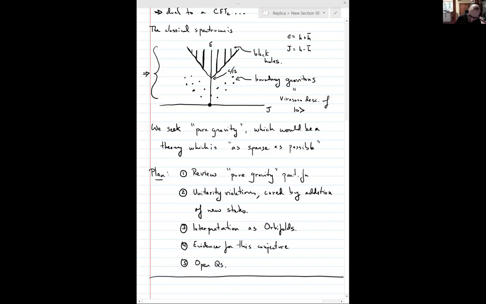And what we're going to discover is that one needs to have a certain set of states that accumulate right here that all have energy less than c over 12, but bigger than c over 16. And c over 16 is a magic number for reasons that I may or may not have time to explain, but which I'll try and at least allude to.